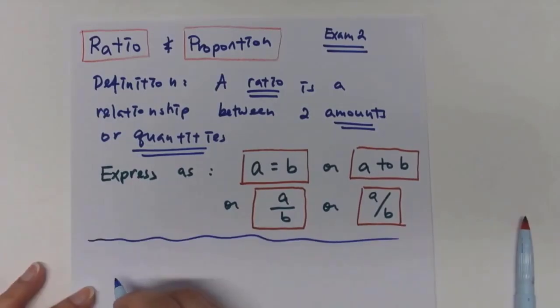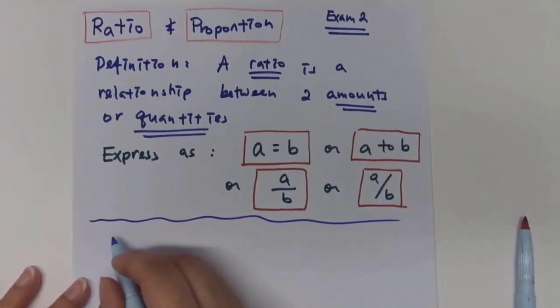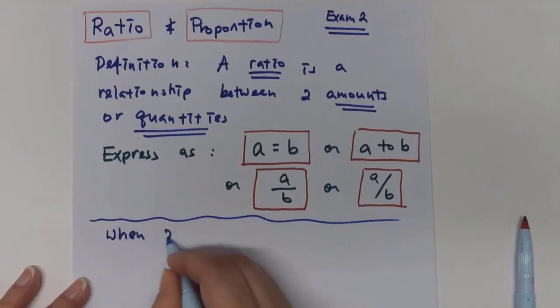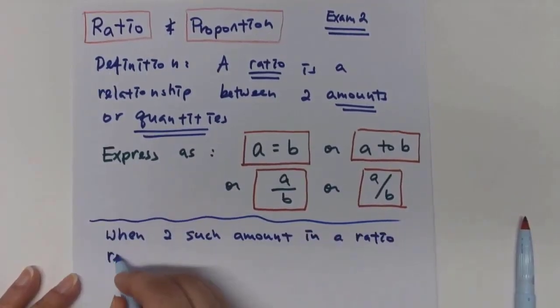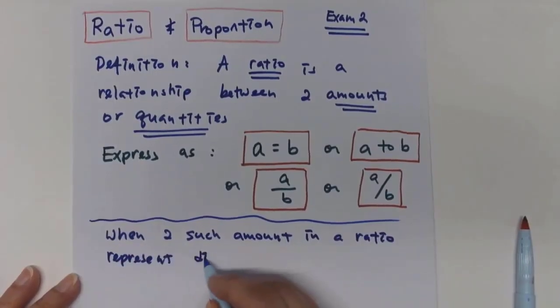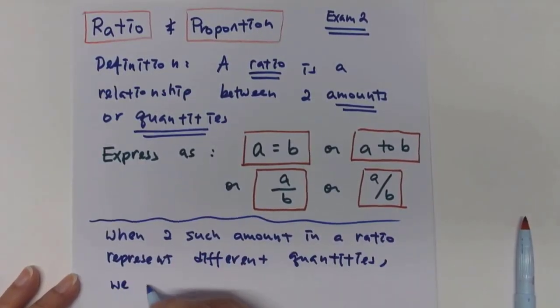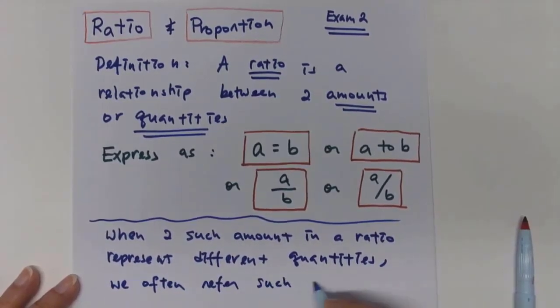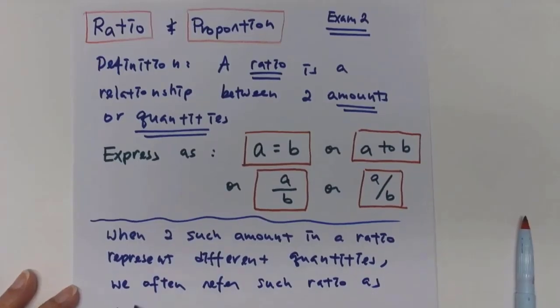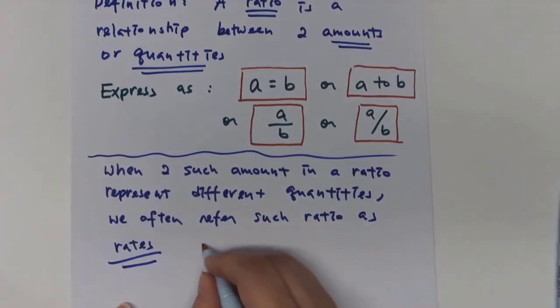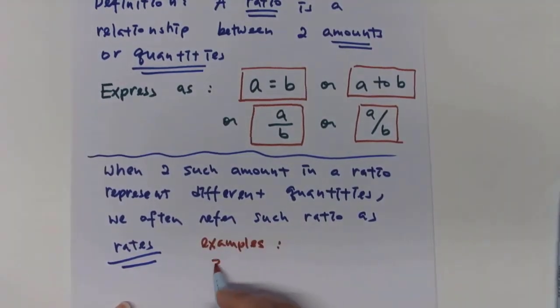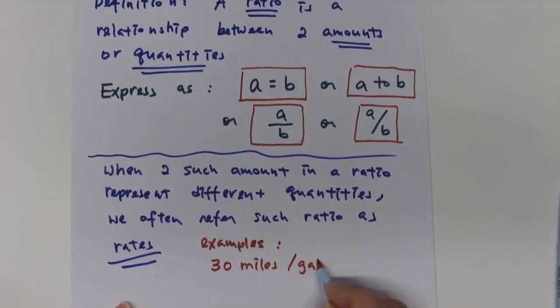We have a special kind of ratio when the two amounts in a ratio represent different quantities. We often refer to such a ratio as a rate. For example, you can say 30 miles per gallon.